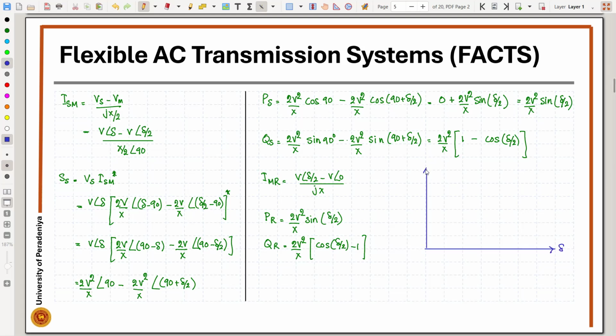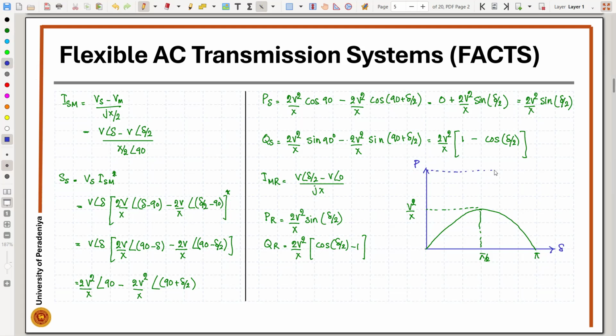So then we can plot the active power variations against delta. If we consider the system without the compensator, what we observed is that at delta equals pi by 2, we had the highest power transfer, that would be equal to V squared over X. But in this case, with the shunt compensator, now we get twice that value.